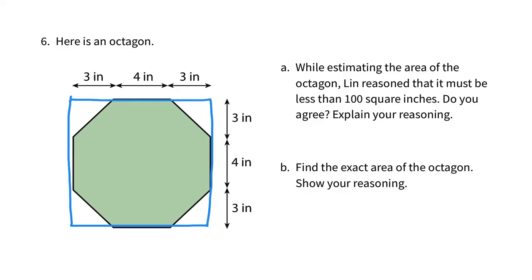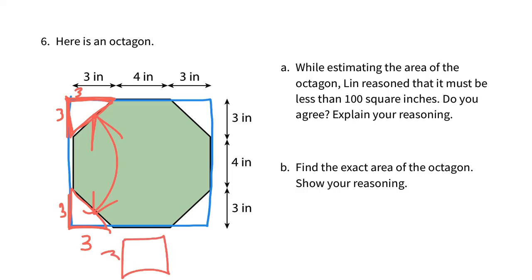But here's a neat thing. This triangle right here is 3 units by 3 units, isn't it? This triangle right here has a base of 3 and a height of 3. So we can put these 2 triangles together to make a square, a 3 by 3 square, which has an area of 9 square units.